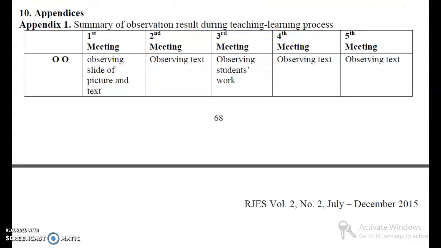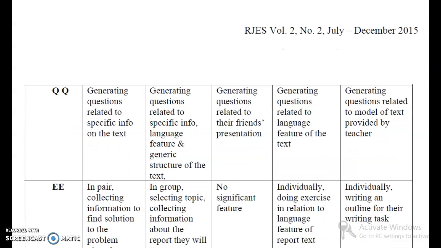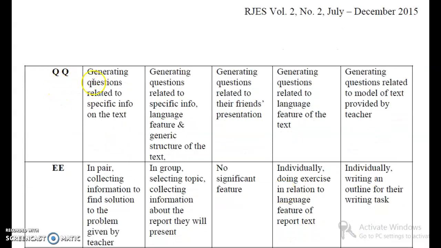Let's see this in questioning. In questioning, in the first meeting, generating questions related to specific info on the text, and the second meeting, the third meeting, the fourth meeting, and the fifth meeting, the teacher or you need to design your questioning stage.